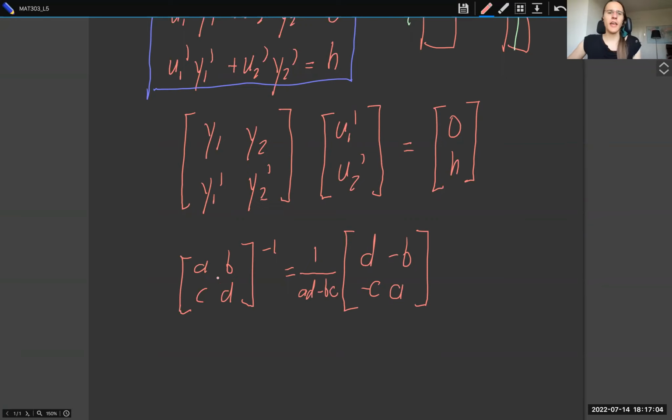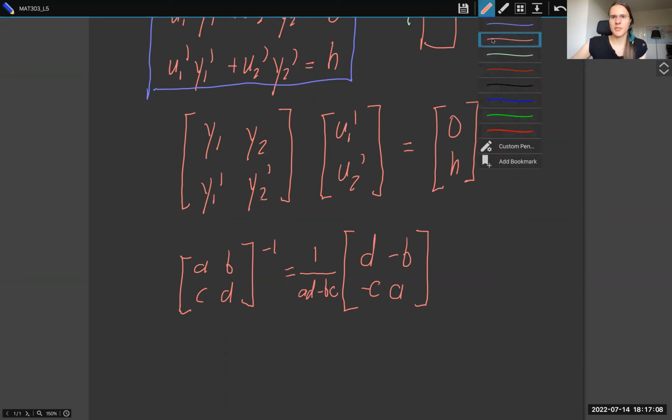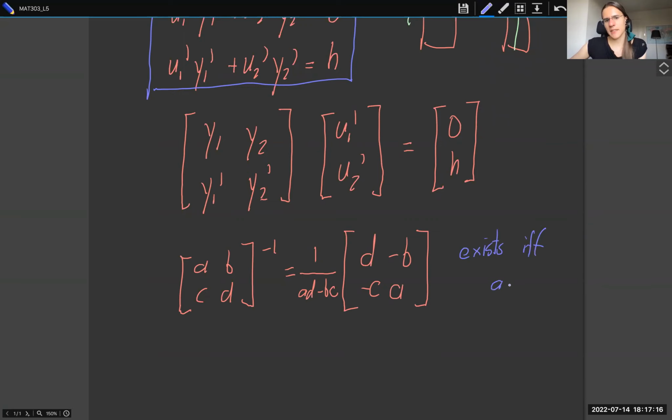So in particular, if the determinant is 0, then this formula does not make sense. So this exists if and only if ad minus bc is not equal to 0. But in our example, the determinant of the matrix is the Wronskian.